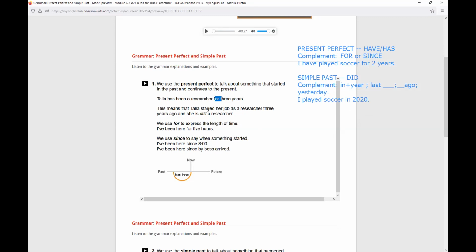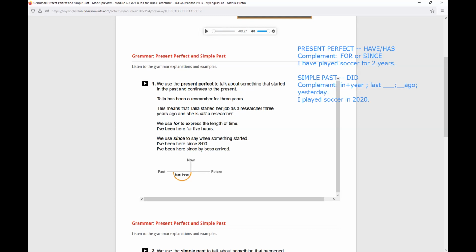It means that Talia started her job as a researcher 3 years ago, and she is still a researcher. Significa que Talia, ¿no?, ha empezado su carrera. Si utilizo con el presente perfecto, es algo que continúa, ¿no? Comenzó en el pasado y continúa en el presente. Entonces, ha comenzado como investigadora hace 3 años atrás y aún en el presente continúa haciéndolo.